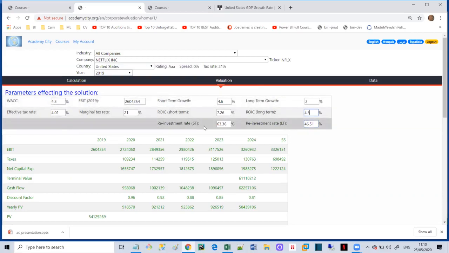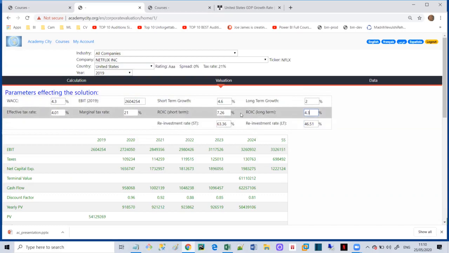But for now, at least, we can say that in the long run the return on invested capital shouldn't be more than the WACC, because any other assumption would say I'm going to be the richest company in the world in 100 years, or I'm going to vanish relative to the whole economy because I would just lose money. Okay?